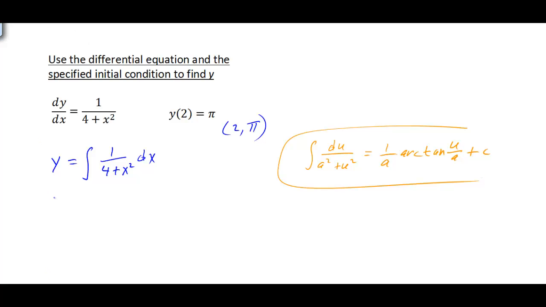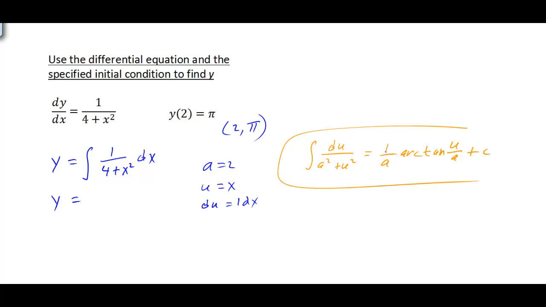So do we have all the pieces that we need? Well, we could let a equal 2. u is going to be equal to x, and then of course the derivative would simply be 1 dx. So it certainly looks like we have everything that we need. We have our dx, our a squared plus our u squared.